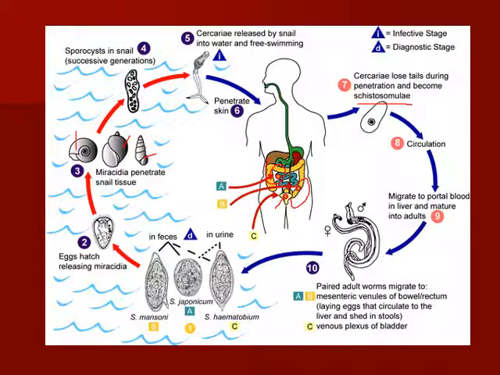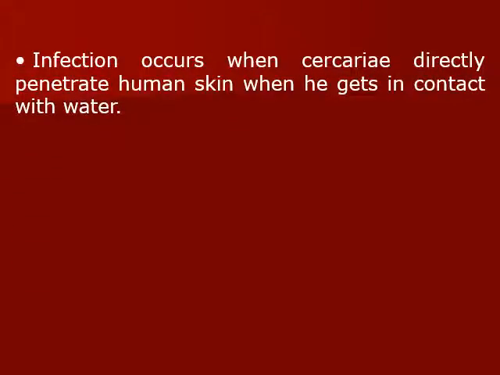These schistosomula pass with the circulation to reach the liver and grow and mature in the liver sinusoids into adults. Then they pass to the portal circulation and come to their final habitat to deposit eggs. This is the life cycle of schistosomes. In general, it doesn't differ anywhere, even in animals.